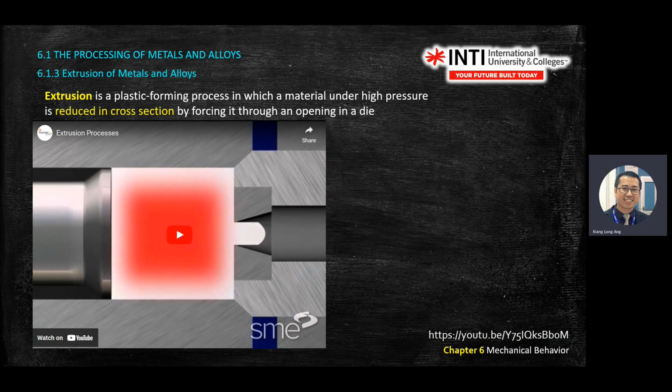So the one that you see on the screen here is extrusion. Extrusion means you're working in the plastic region where you push the metals under high pressure. The word extrusion is always linked with the cross section of the ingot or the products. It's a reduction of cross section through an opening of a die.